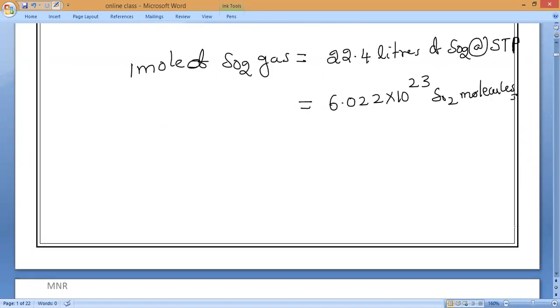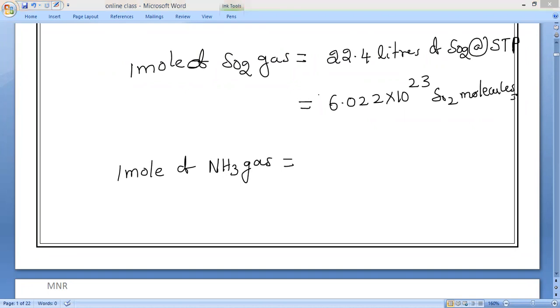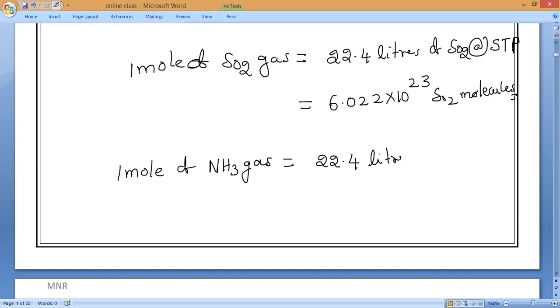Understand? Next. Suppose I have given 1 mole of NH3 gas. Tell me, 1 mole of NH3. NH3 means what? Ammonia gas. Tell me which is equal to how many liters? 22.4 liters of ammonia gas at STP.